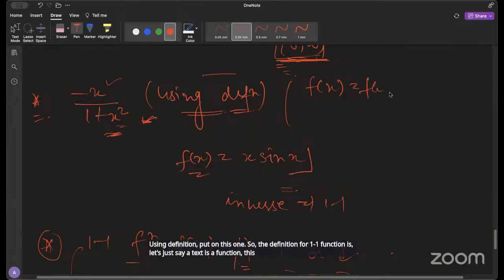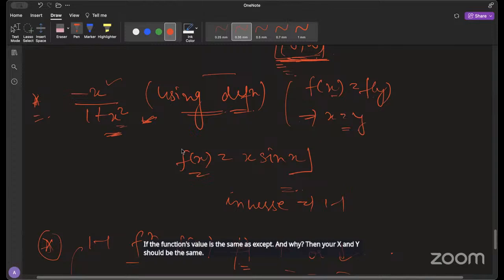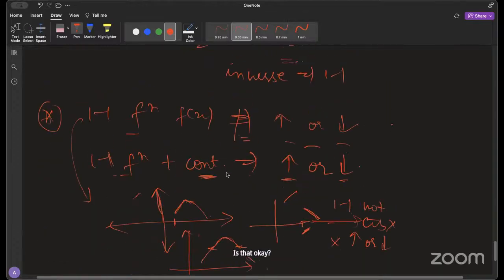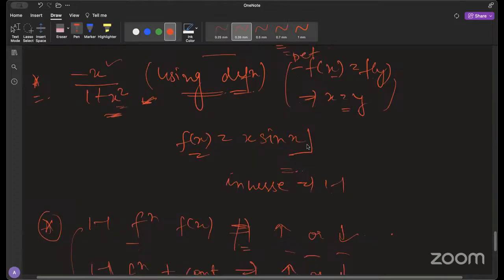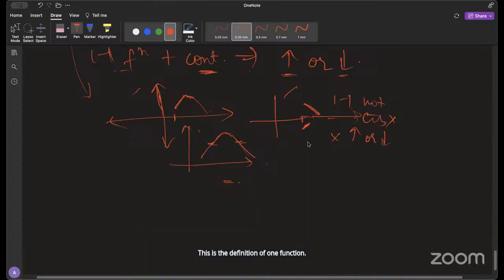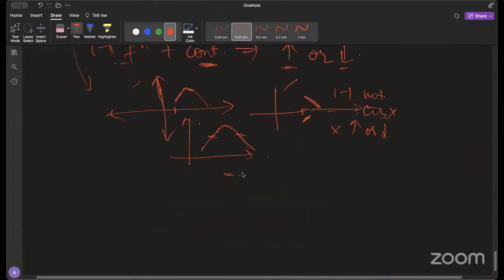If the function's values are the same at x and y, then your x and y should be the same. This is the definition of a 1-1 function. Is that okay with whoever asked the doubt?